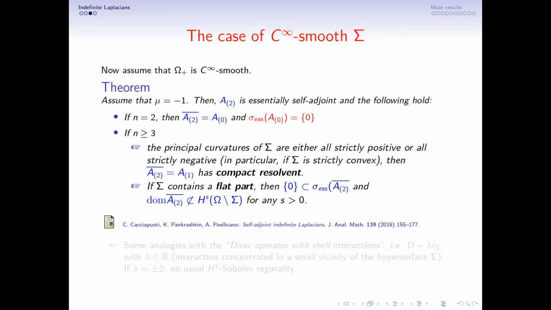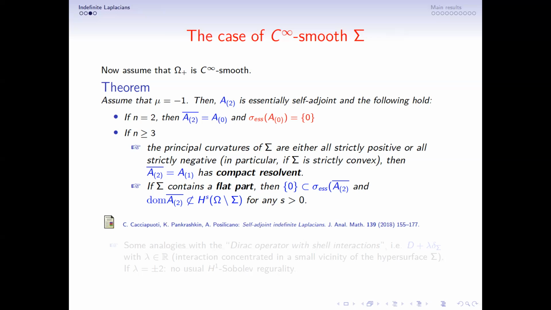Okay, but then we have some difference between the two-dimensional case and the higher dimensional case. So in 2D, what happens is that the closure is given by A0, the operator with the maximal domain. And 0 is in the essential spectrum. The essential spectrum is exactly 0. You have just one point.